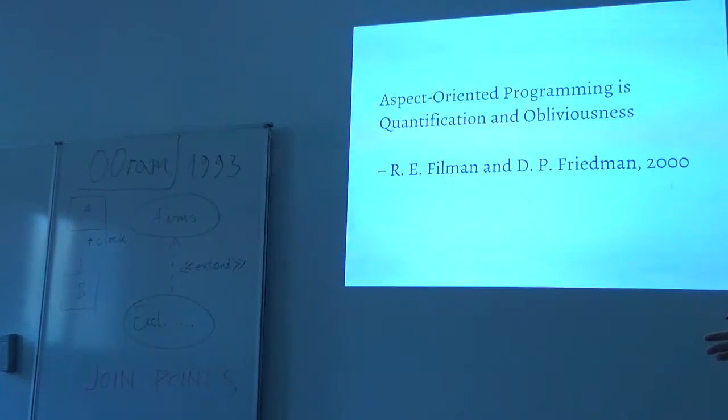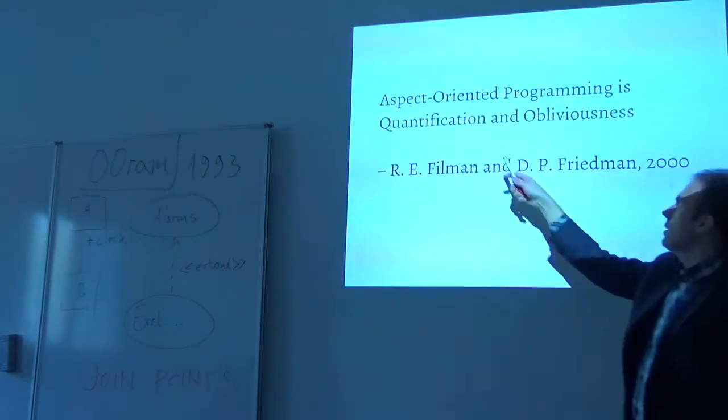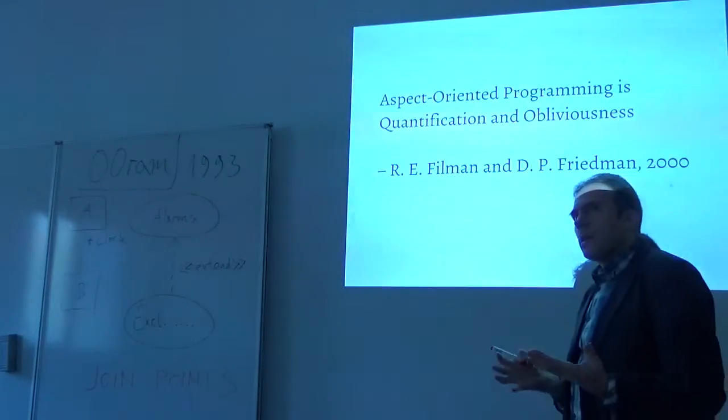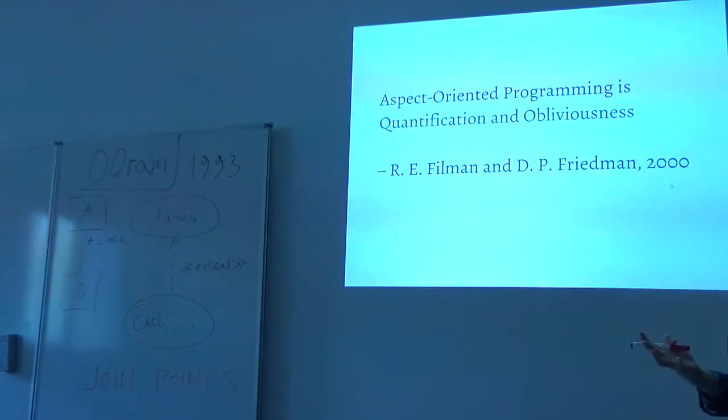And this is where aspects are strong. You can affect hundreds, thousands of similar places in your code with just a few lines of code, without any need to change these places. So this is quantification, and obliviousness is that these places are not prepared for aspects.